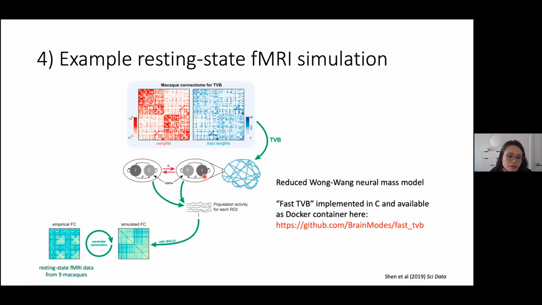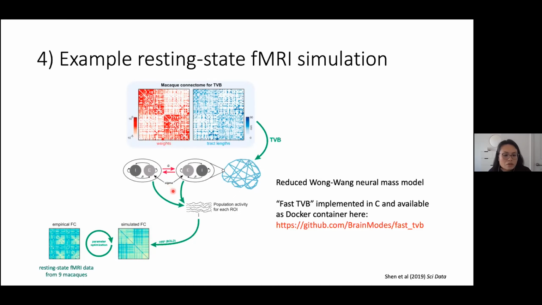Those models of neural masses are coupled excitatory and inhibitory populations that are then all coupled together based on the description of the connectome, scaled by the global coupling parameter G, and also there's this other parameter sigma that is noise that's injected into the excitatory populations.